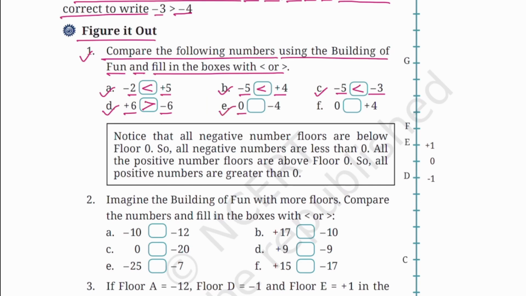E 0 and -4. If you see the numbering carefully, you will see that all the positive numbers are greater than 0 and all negative numbers are less than 0. So 0 is greater than -4.